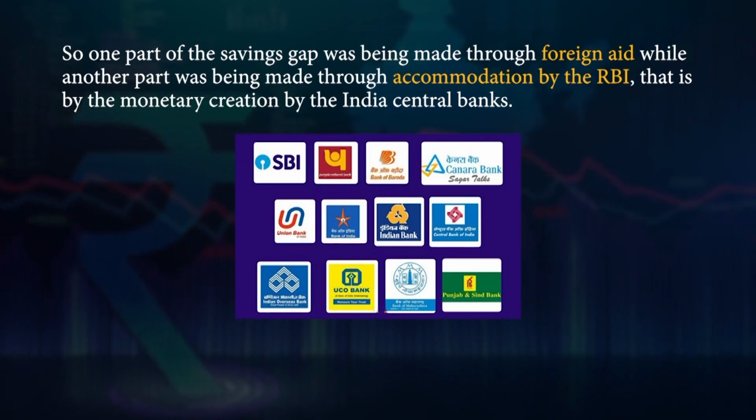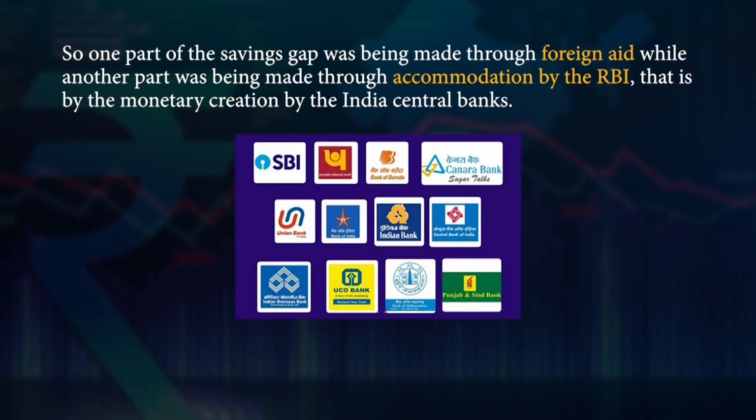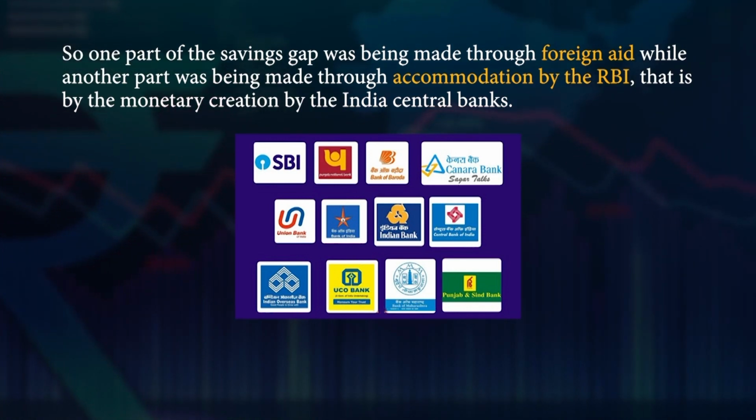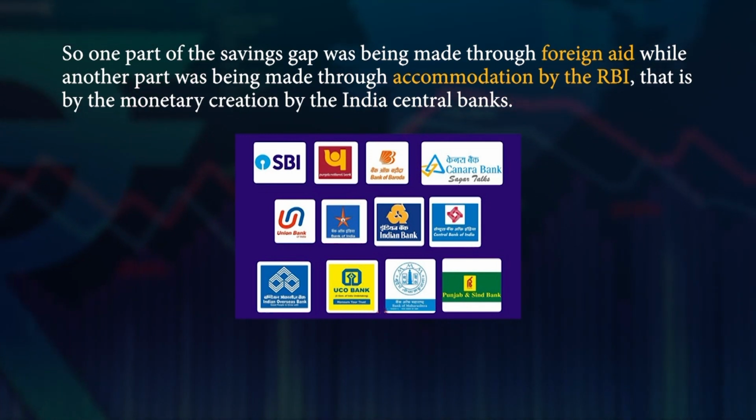So one part of the savings gap was being met through foreign aid, while another part was being met through accommodation by the RBI, that is, by monetary creation by India's central bank. Hence, the RBI was expected to help fund the budget deficits in the Indian economy during this period through the process of money creation.